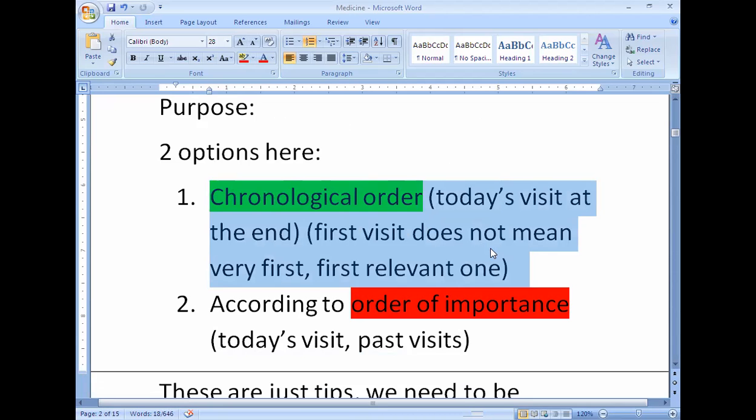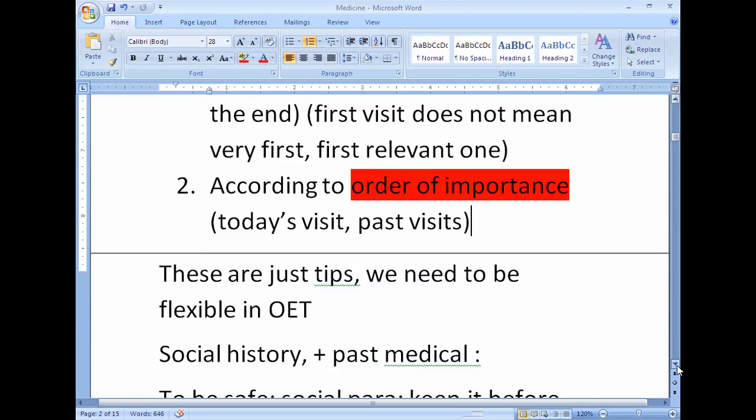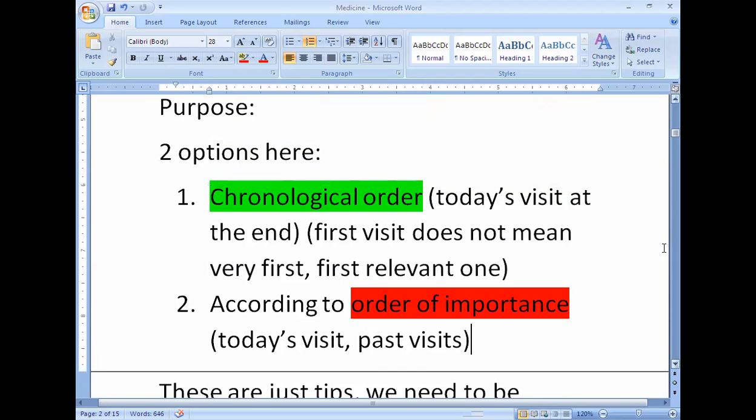We can also use order of importance if it is necessary according to the situation. But in urgent letters, we mostly use order of importance. Sometimes in urgent letters we can use chronological order also, but mostly we use order of importance.